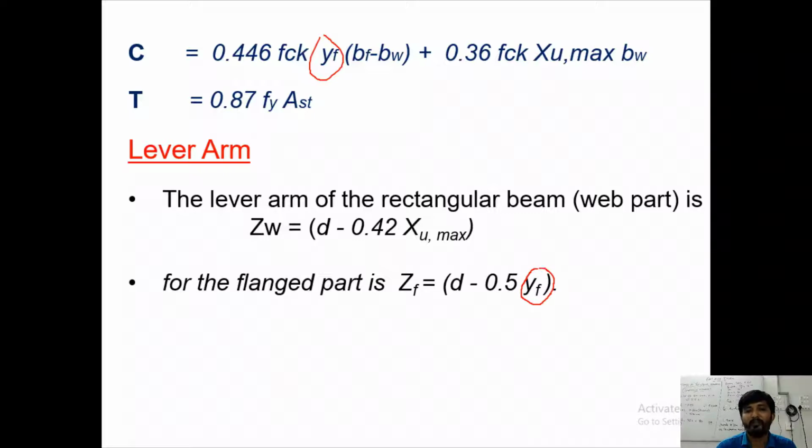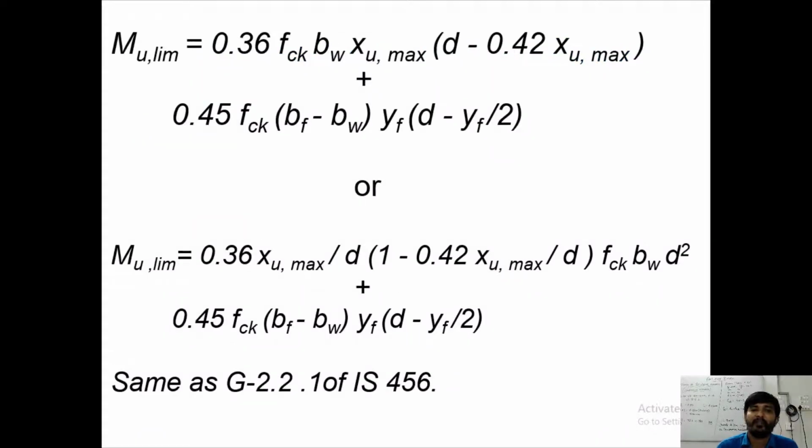So similar equations only by replacing DF with YF. For Mu limiting, similarly we need to replace DF by YF. All the other equations are the same. Right? So this is again given in Annex G 2.2.1 of IS 456-2000. If you do not remember this, you can find this from IS 456-2000, Annex G 2.2.1.